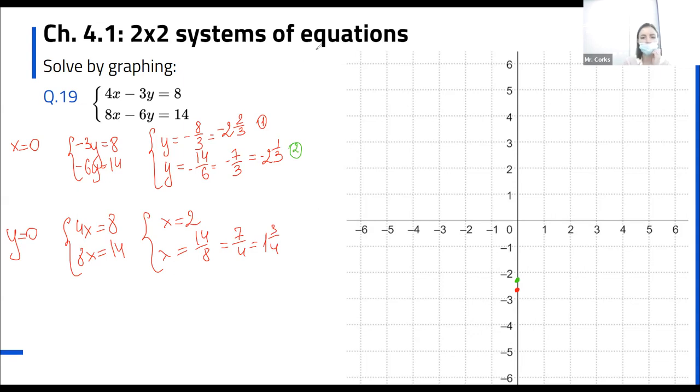Okay. So y equals 0 and x equals 1 here, and x equals 1 and 3/4 somewhere here.